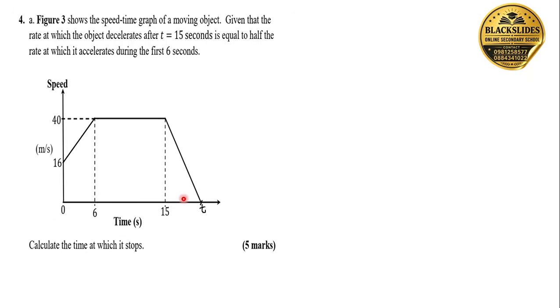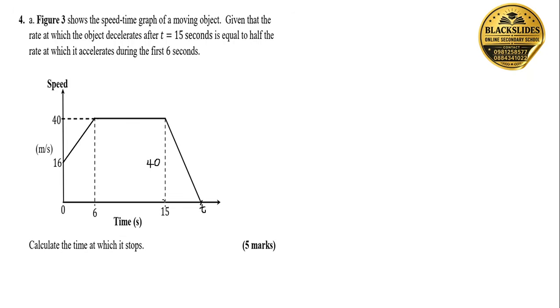All right. Remember, deceleration is rate of change of speed, or the change in speed divided by the change in time. So the change in speed here is 40. How are we getting 40?